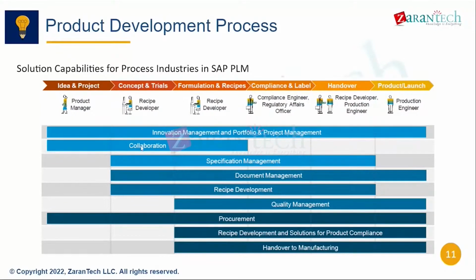In order to integrate with the supplier, there is a collaboration, and these roles are involved. They are responsible for making sure the right product, the right semi-finished goods or components, which meet the company requirement, are supplied by the supplier. That's why these three roles are involved in the collaboration phase, which starts from here and goes until formulation.